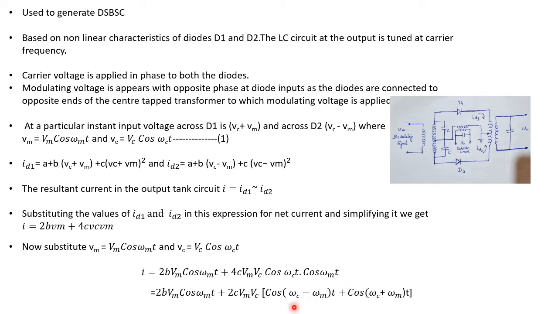Since the carrier frequency omega c is very high, it lies in the radio frequency range, and the modulating frequency omega m is comparatively much lower. The highest value is only 20 kilohertz. So the values of omega c minus omega m and omega c plus omega m do not differ much from the value of omega c, which is the resonant frequency.